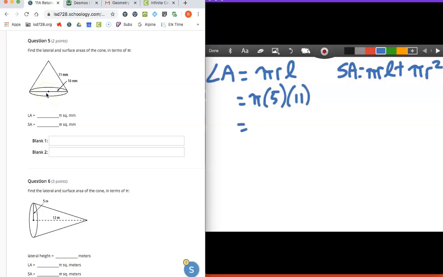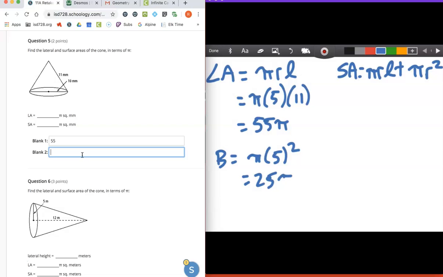Okay, so 5 times 11 is 55. We're going to leave this in terms of pi. So 55 pi is our answer for that one. The base is just one circle, which is pi r squared. Pi times 5 squared, which is 25 pi.